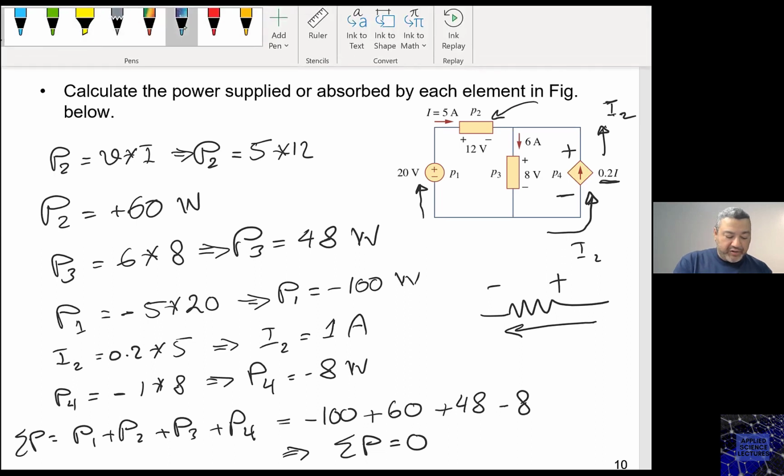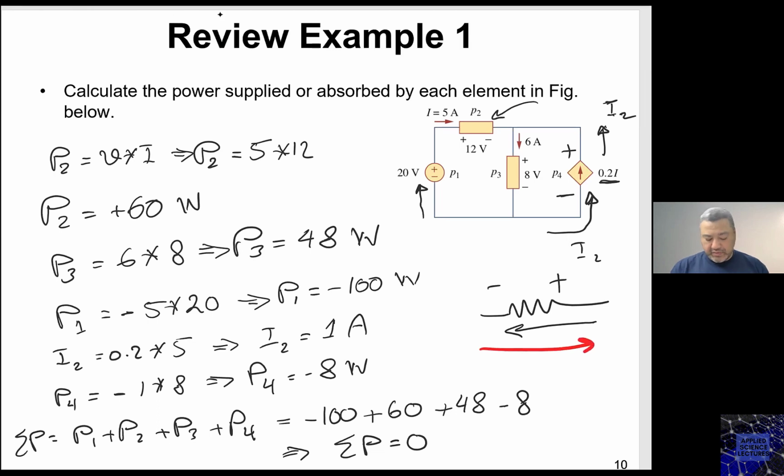If I have the current going in the other direction, you have to put the plus minus this way. If these are given to you in the problem, then you have to work it out based on the directions and the values that are given to you in the circuit. But just to understand, resistors will always absorb energy. Resistors cannot supply energy or power. Does this make sense?